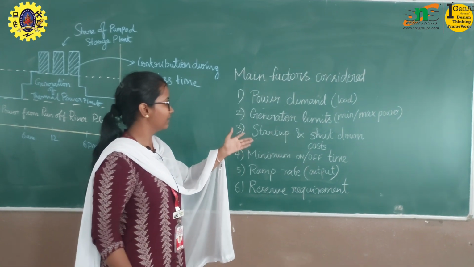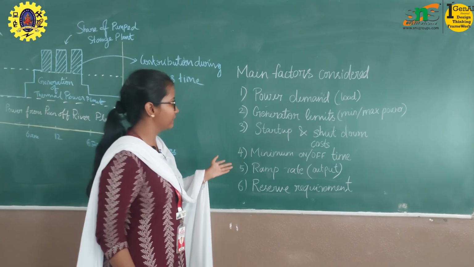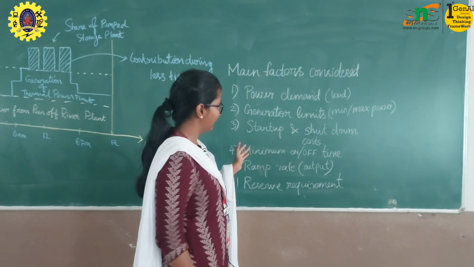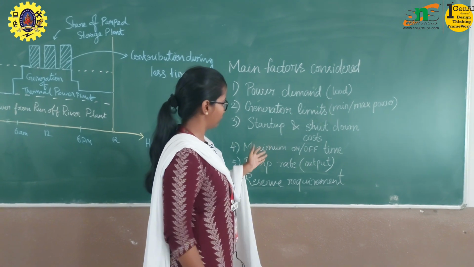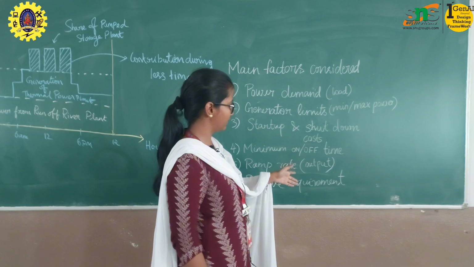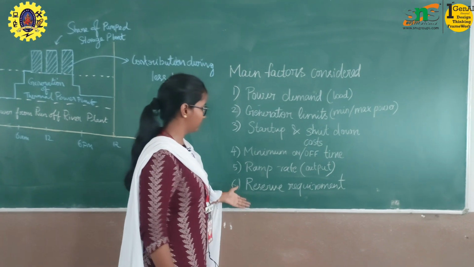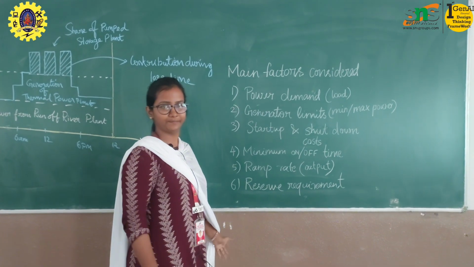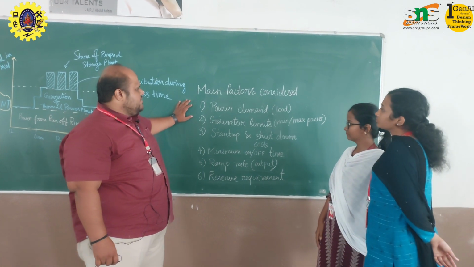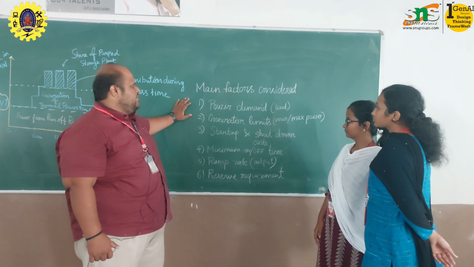Power demand is the demand on the load. Generator limits should be set for maximum and minimum power. Ramp rate is about how fast the output changes. Reserve requirement is for extra power. So these are all the main factors to be considered for unit commitment.